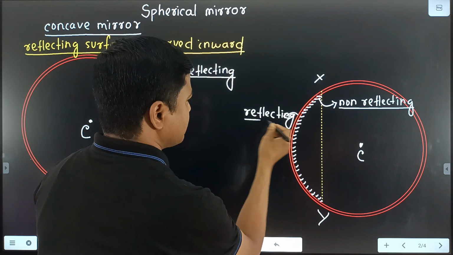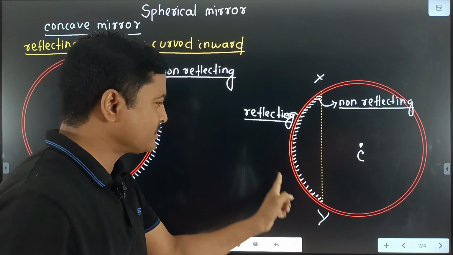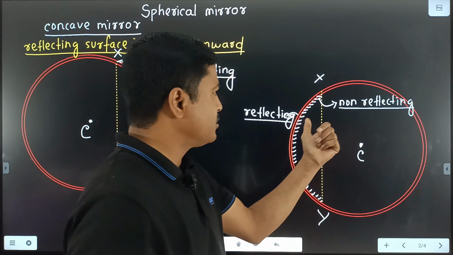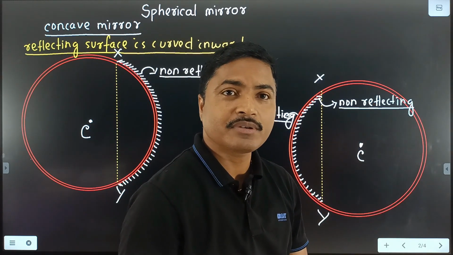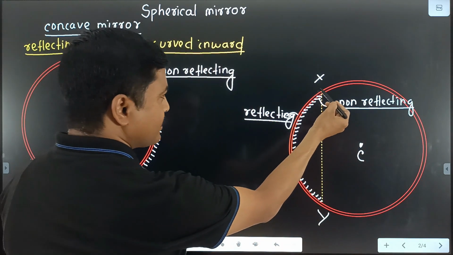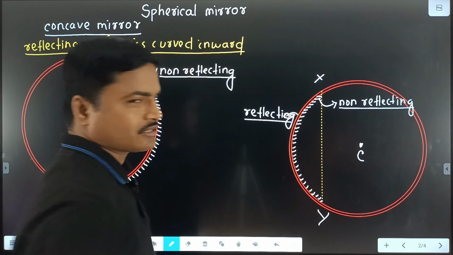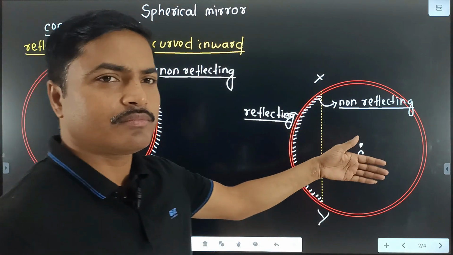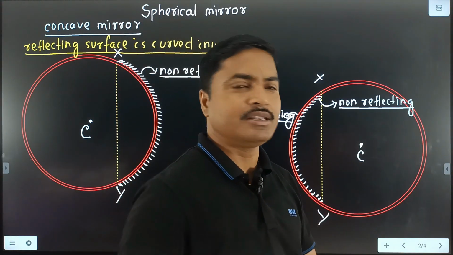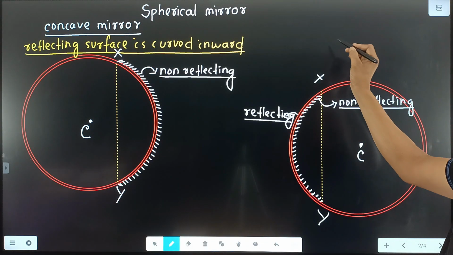Clear? That means if the outer surface is the reflecting surface, and the inner surface is the non-reflecting surface, and this reflecting surface is curved in the outward direction, then this type of spherical mirror is known as the convex spherical mirror.